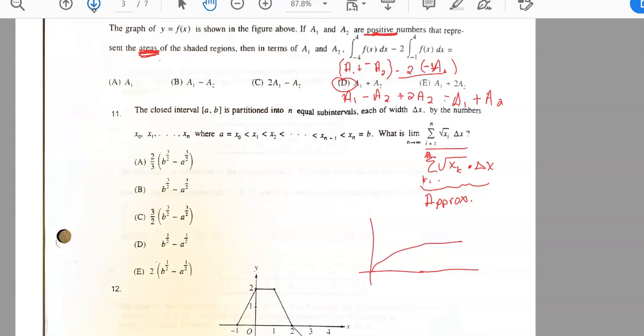So what it says, on the closed interval a to b, so let's say this is a, let's say this is b, that is going to get partitioned, broken up into n equal subintervals. So let's just cut this in half and then cut each of those in half, of width change in x. So like we've done in the past, this is our width, by the numbers x sub 0, x sub 1, x sub n. So those are the numbers that we've always listed.